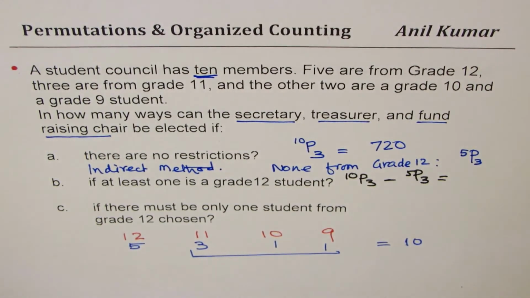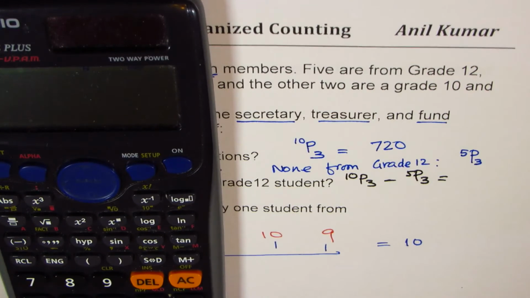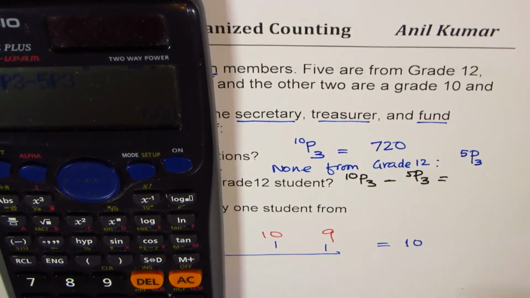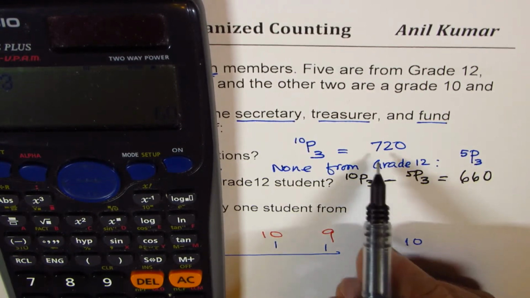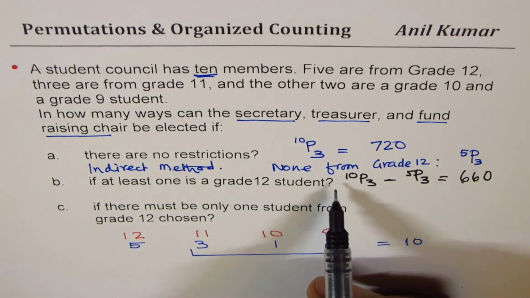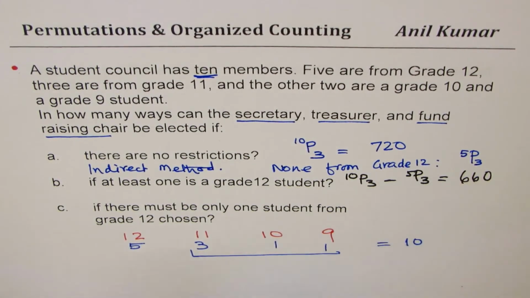So let's figure this out. 10P3 take away 5P3, and that gives us 660 as our answer, correct? So that is how you could do it. You could do it separately also. You find 5P3, which is 60, take away 60 from 720 and get the same answer. So with a calculator, actually, you can do all these operations together.